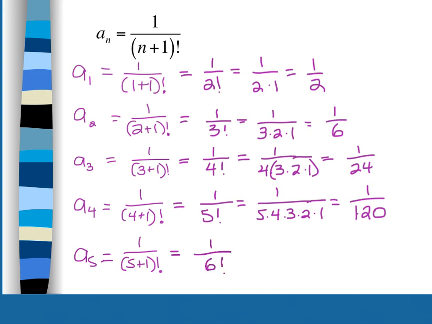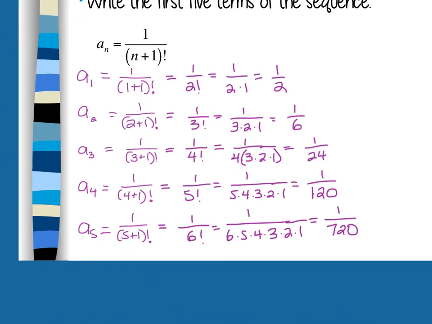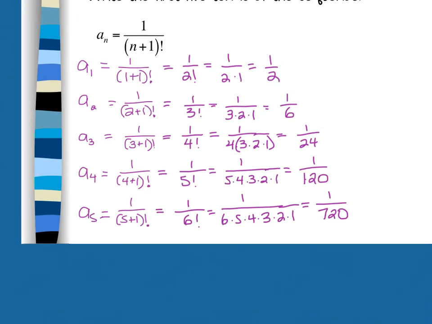And 1 over 6 factorial, 1 over 6 times 5 times 4 times 3 times 2 times 1, or 6 times 120, which is 720. So this would be 1/2, 1/6, 1/24, 1/120, and 1/720.